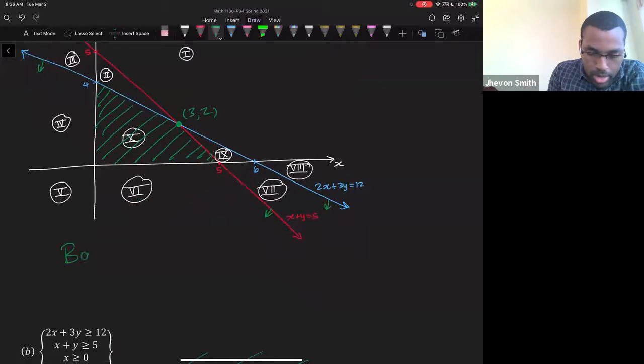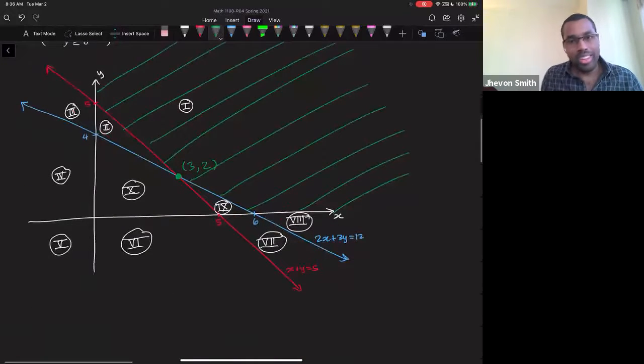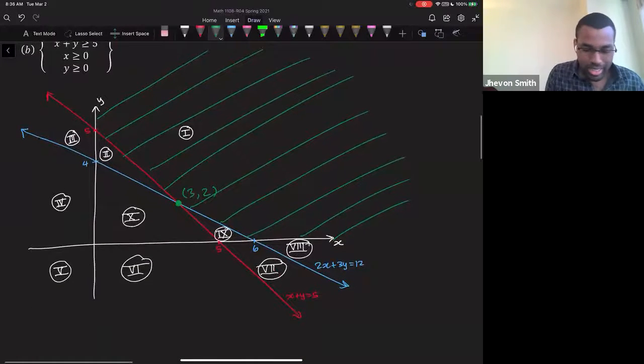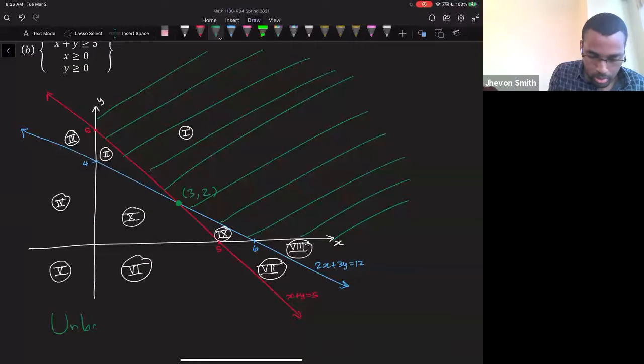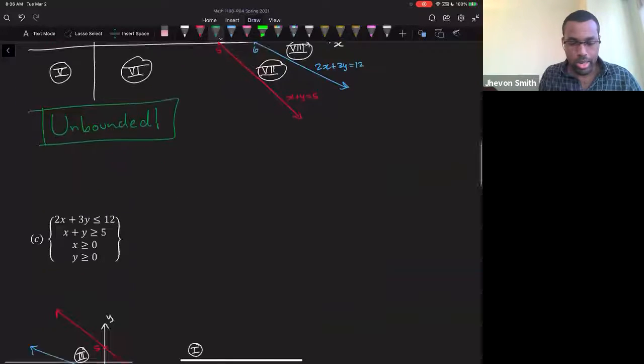Remember, bounded means it's possible to have a circle of finite radius centered at the origin that will cover the entire space, so it's very contained. This one, no surprise, it's unbounded. This is going to be important later because we're going to have certain theorems that deal with whether or not it's bounded or unbounded.